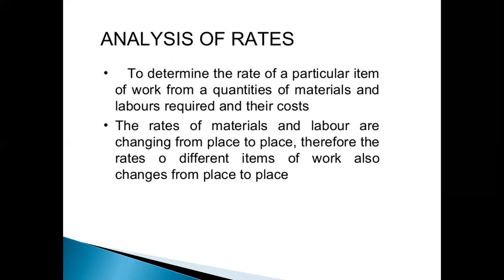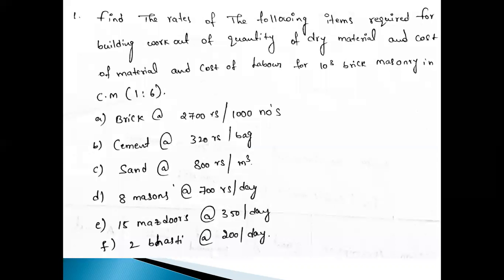So we go to the problems. Write the problem: find the rates of the following items required for the building. Work out the quantity of dry material, cost of material and cost of labor for 10 cubic meter brick masonry, cement mortar 1:6.